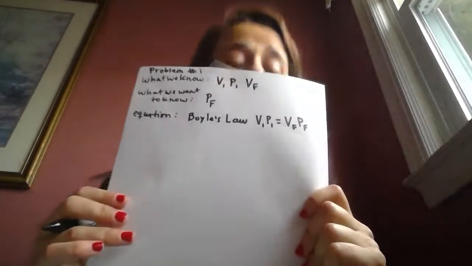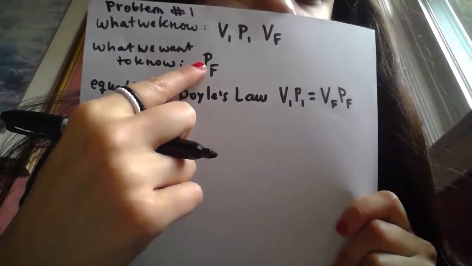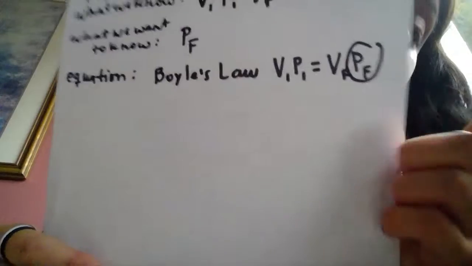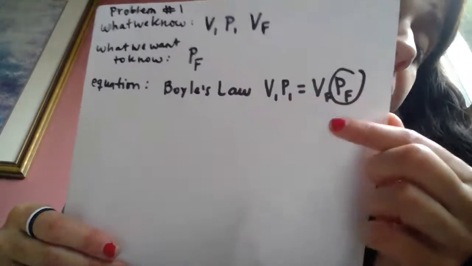So now what we got to do is we are solving for final pressure. So we want to get this final pressure alone. So I'll circle that. That's the one that we want to get by itself. So in order to do that, we have to divide both sides by this final volume.